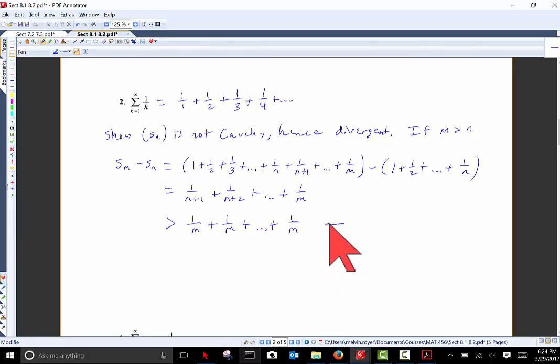So the advantage of doing that, of course, is these are like terms and they can be combined. I just have to know how many there are, and you can see it here. We're counting up by 1, 2, 3, and so on, and we stop when we get to m minus n.